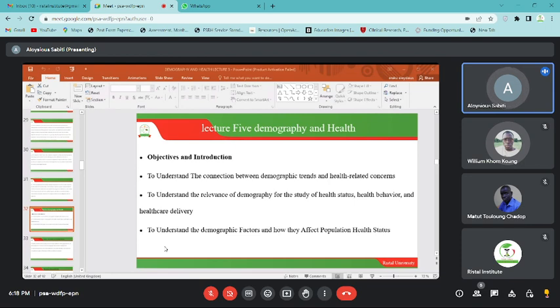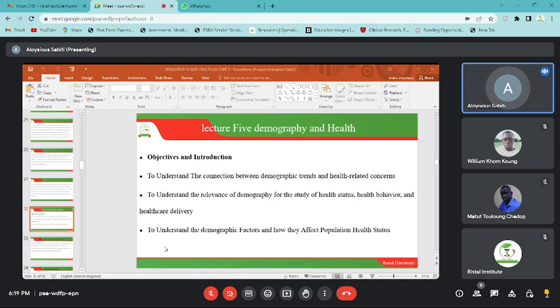In today's lecture, we want to look at this aspect of demography and health, but specifically, we need to go back with three major objectives. One of the objectives is that we need to understand the connection between demographic trends and health related issues. Another objective is the relevance of demography for the study of health status, health behavior, and healthcare delivery.